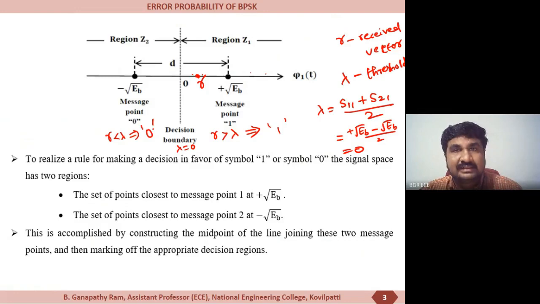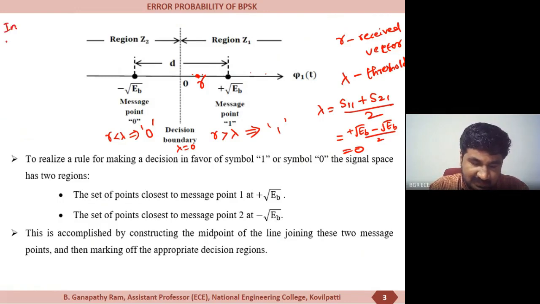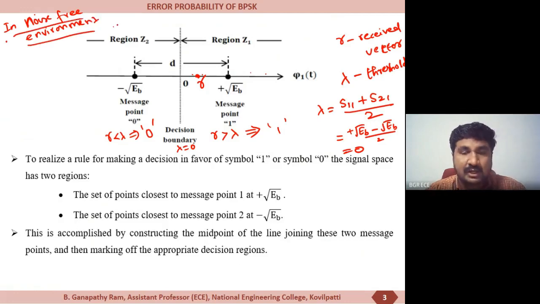This constraint is coming from the fact that in a noise-free environment, we can define R as equal to either S11 for the transmission of binary information 1, or R equal to S21 if the binary data transmitted is 0.